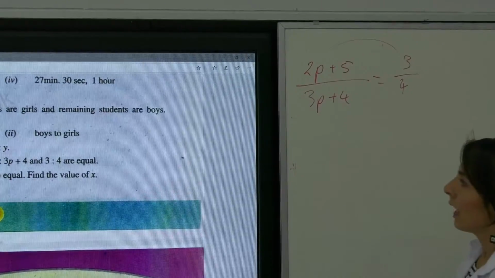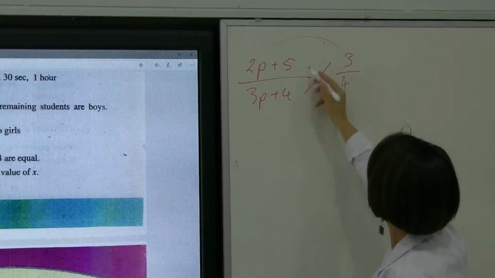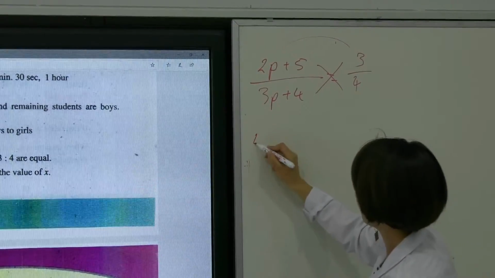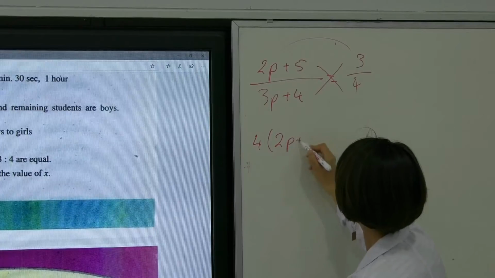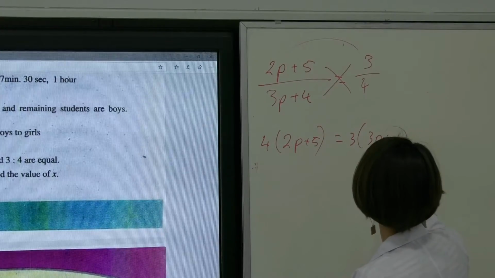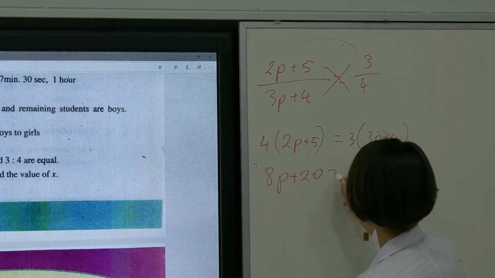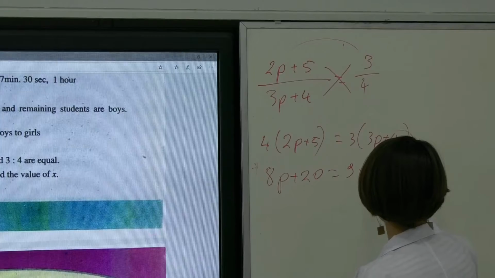So now that I wrote it in fraction, I have the right to do the cross multiplication. So 4 times 2p plus 5 in brackets equals 3 times 3p plus 4 in brackets. So it's going to be 8p plus 20 equals 9p plus 12.